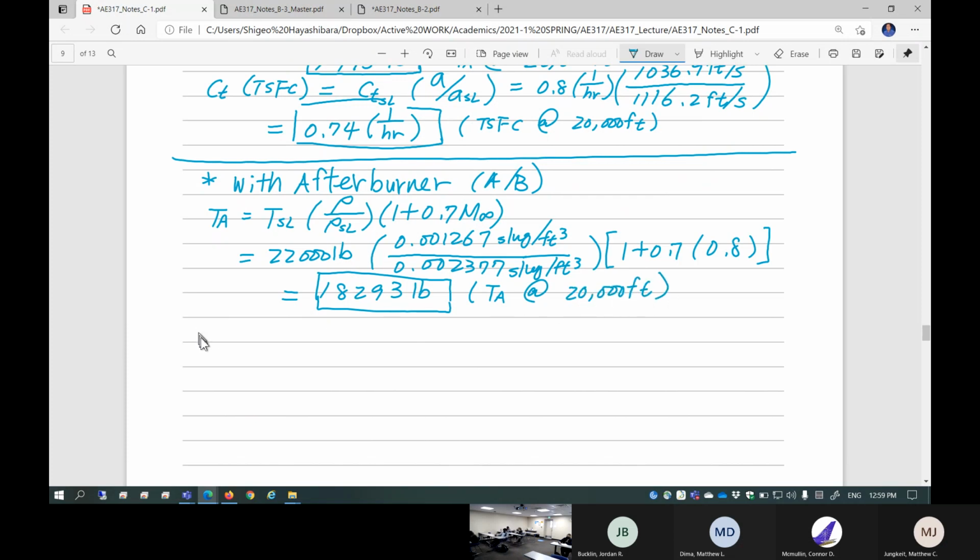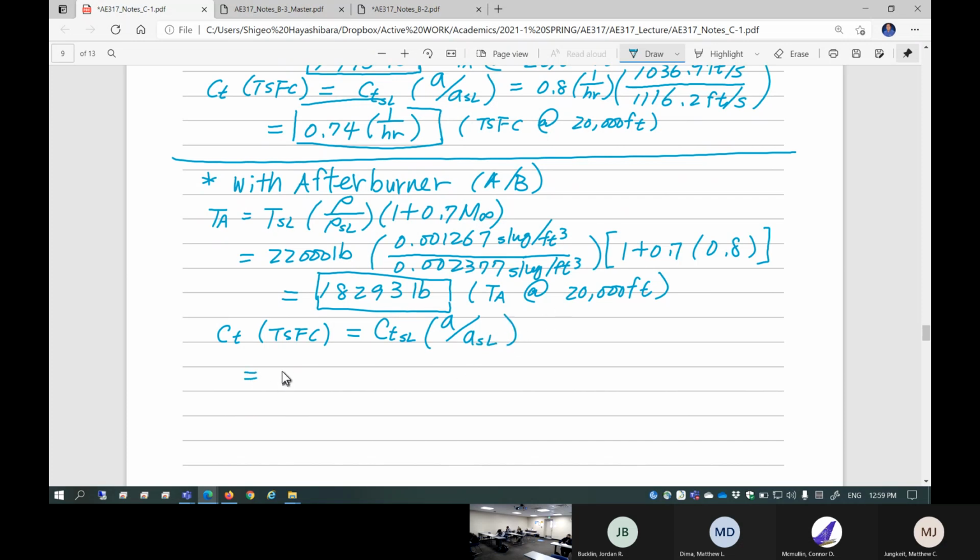And then similarly, you can compute the TSFC, which is CT. CT actually means TSFC. It is going to be CT at sea level multiplied by the ratio of the speed of sound.